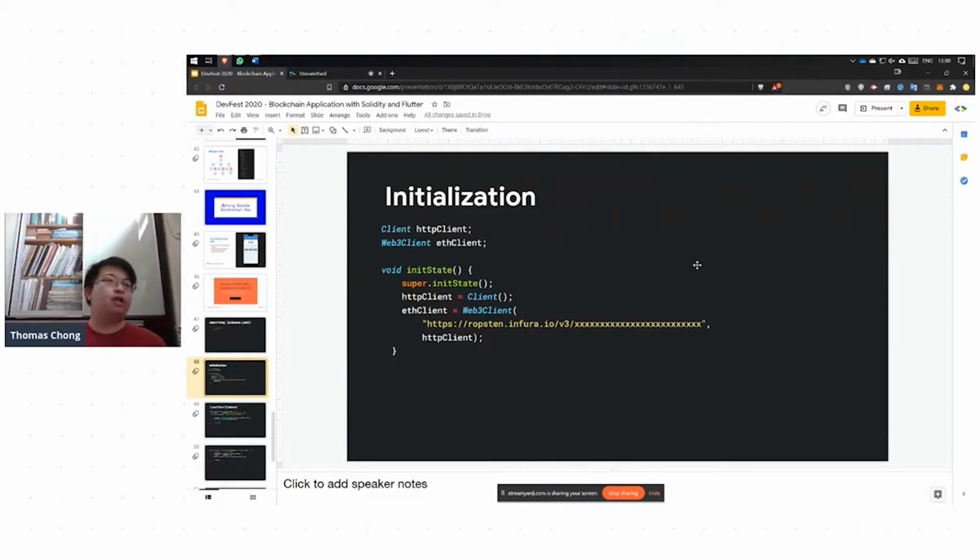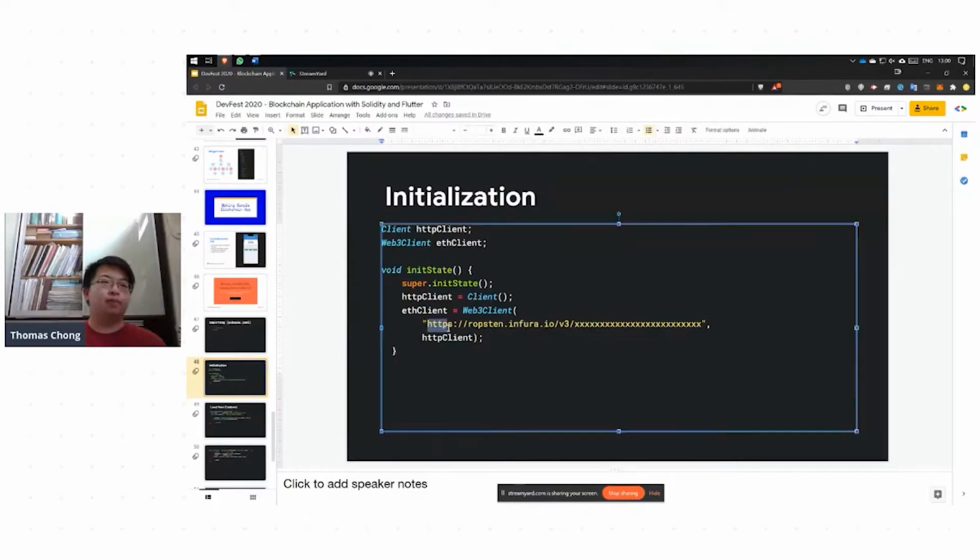First of all, we need an init state, and then we use the URL provided by Infura. This link is used to connect with the main Ethereum network, and we utilize the Web3 client functions here.